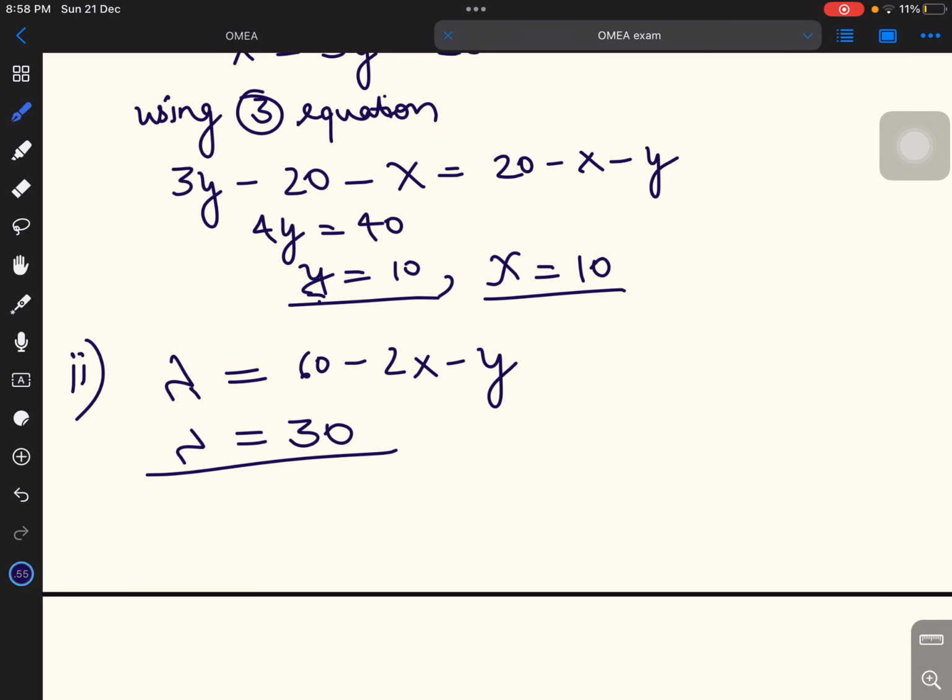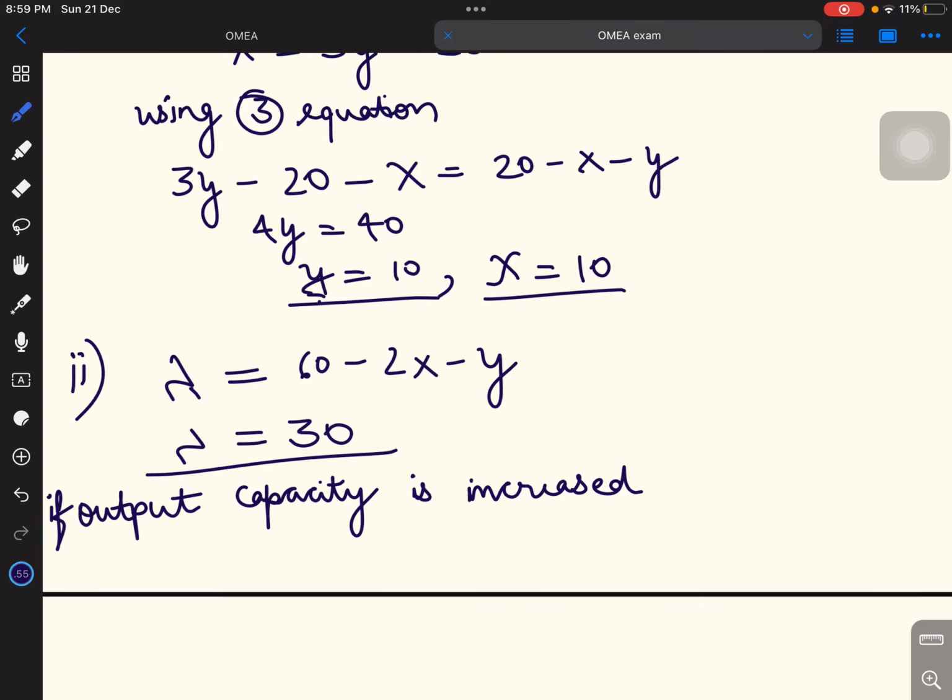So this is nothing but our shadow price. Now how do we interpret it? If output capacity is increased by 1 unit, the profit will increase by 30 units.